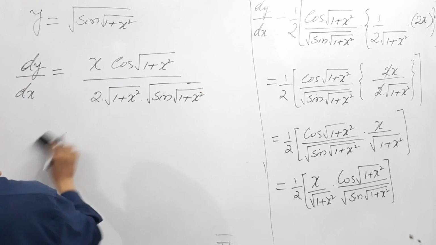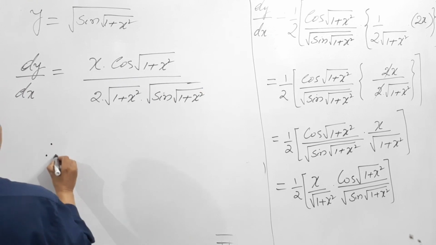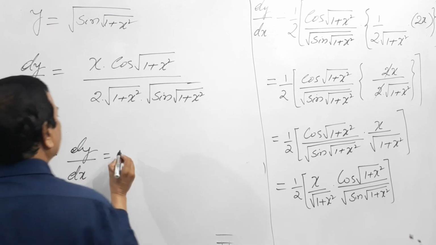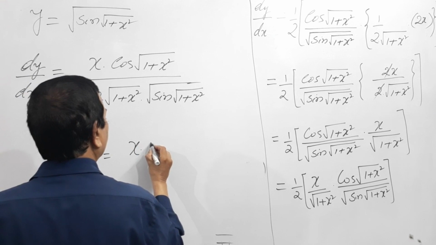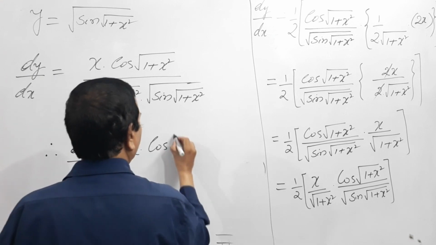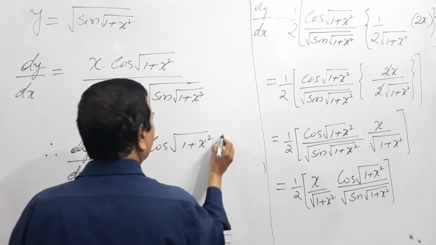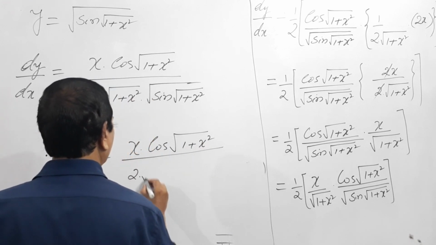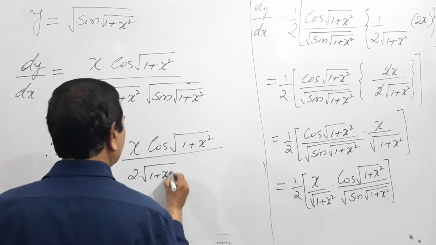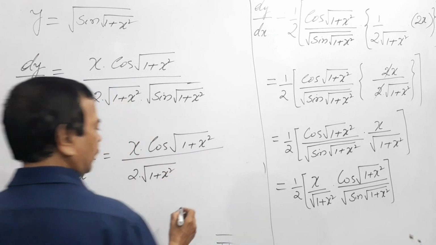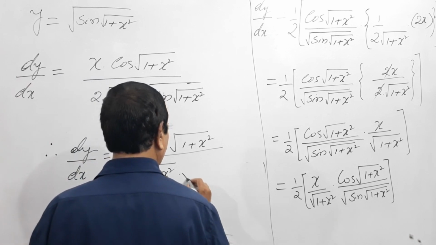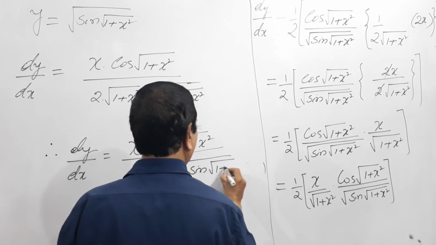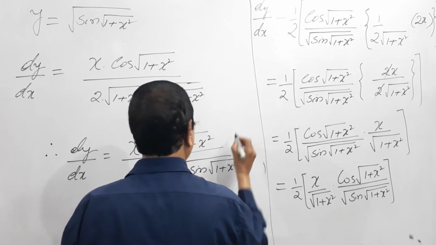Therefore dy by dx equals to x into cos of under the root 1 plus x square divided by 2 into under the root 1 plus x square into sine of 1 plus x square.